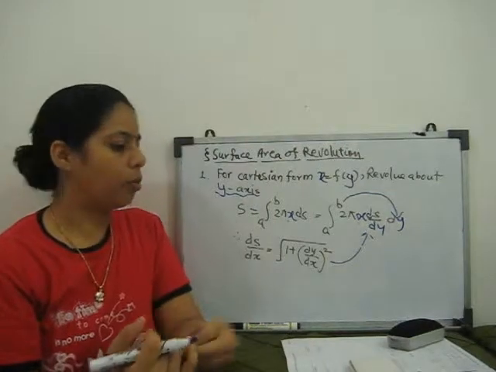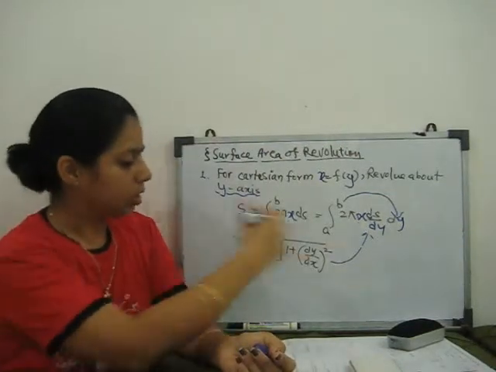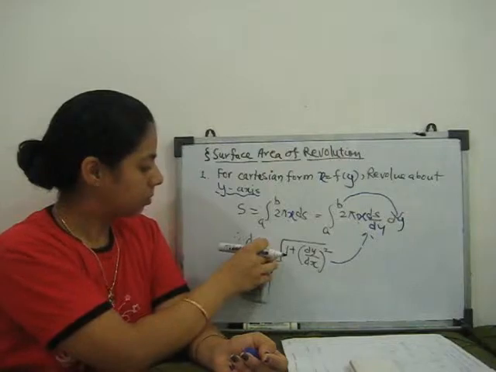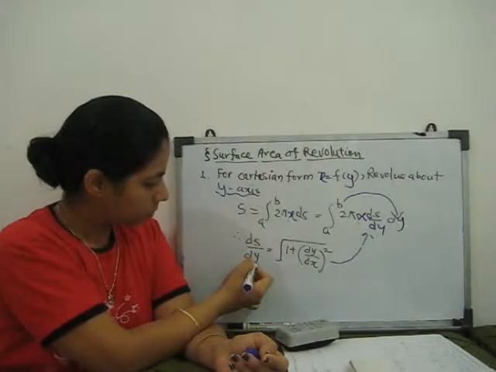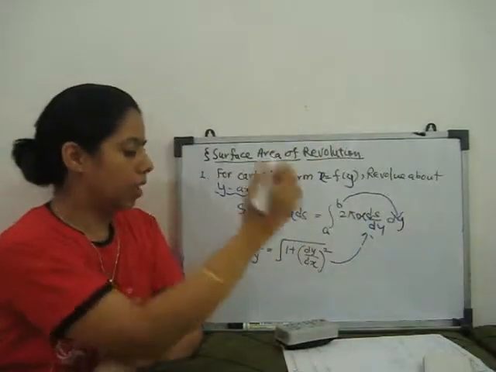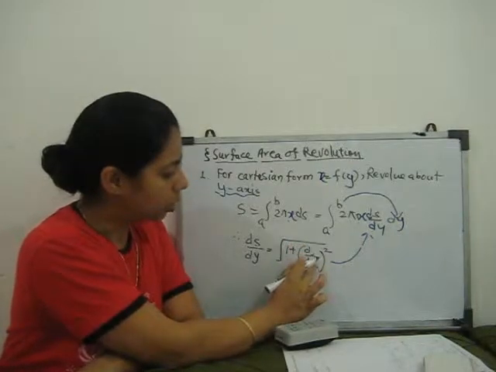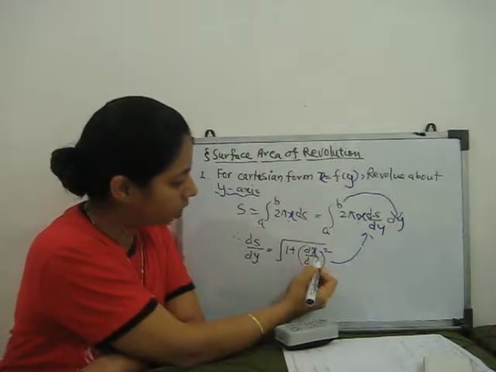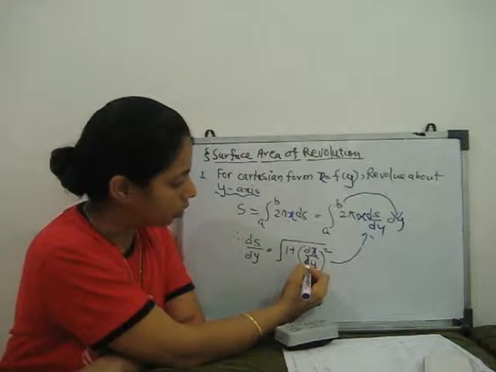Now what is ds/dy? It is just the reverse: square root of 1 plus (dx/dy) whole squared.